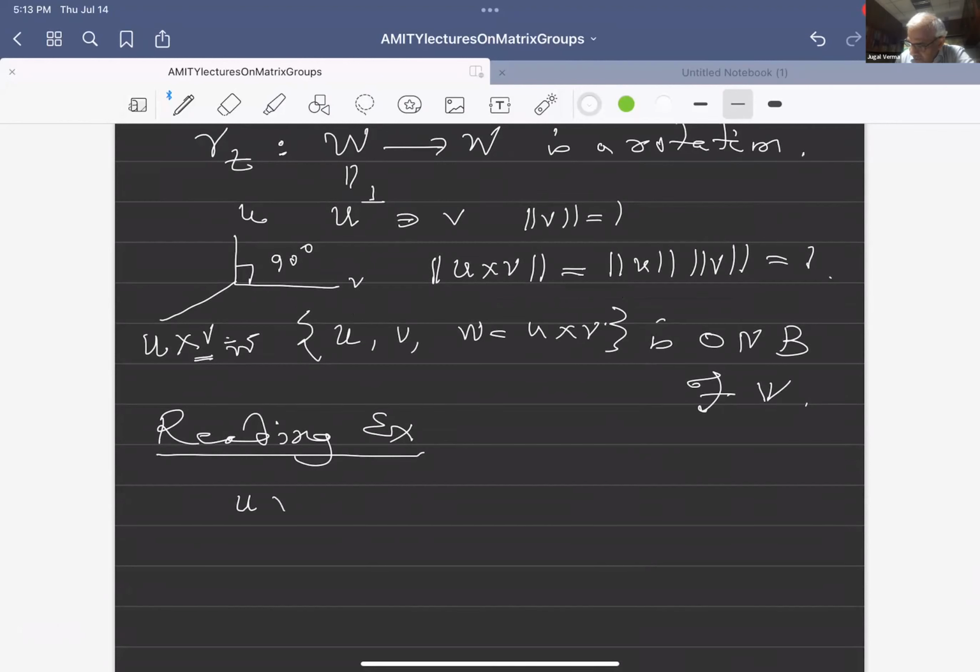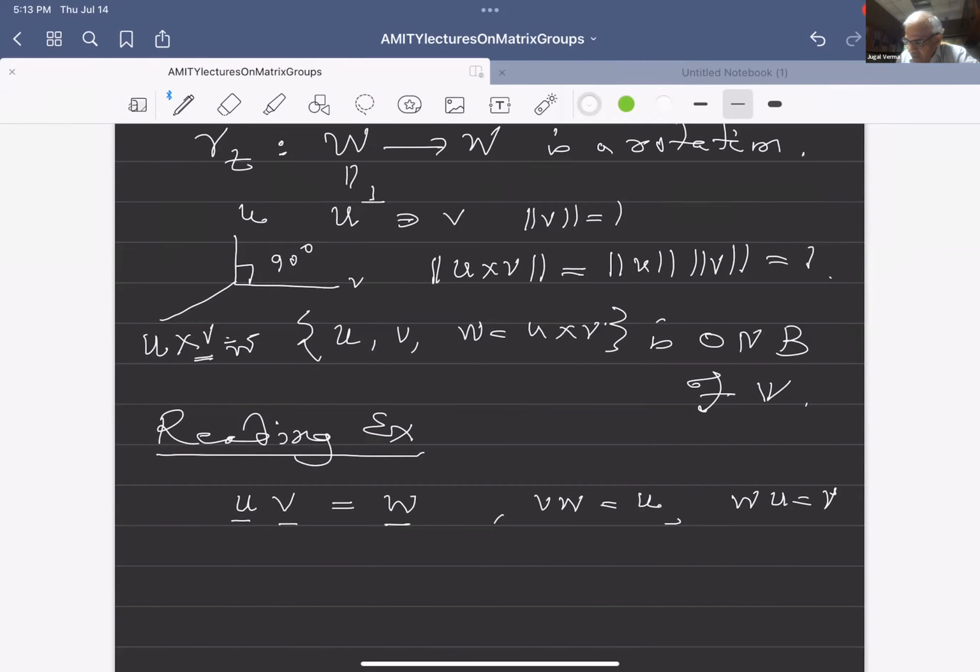So U and V and U cross V are all unit quaternions. Now check that UV is W, VW is U, and WU is V. So U, V, W are behaving like I, J, K. If this is I, this is J, this is K, they are analogs of ijk.